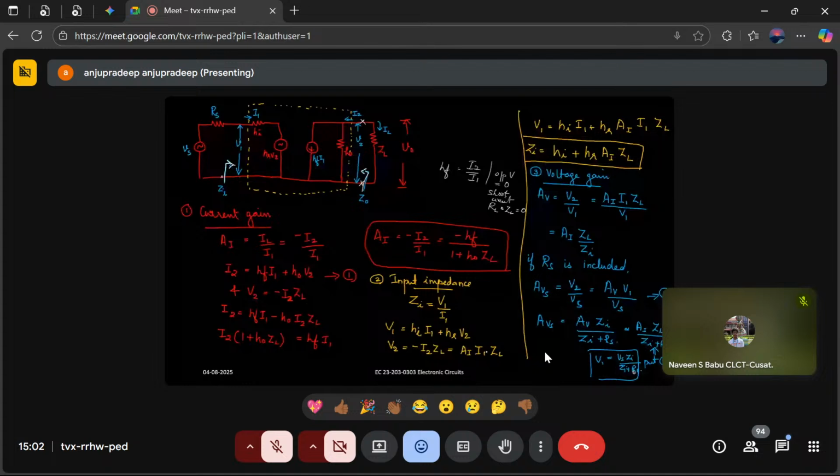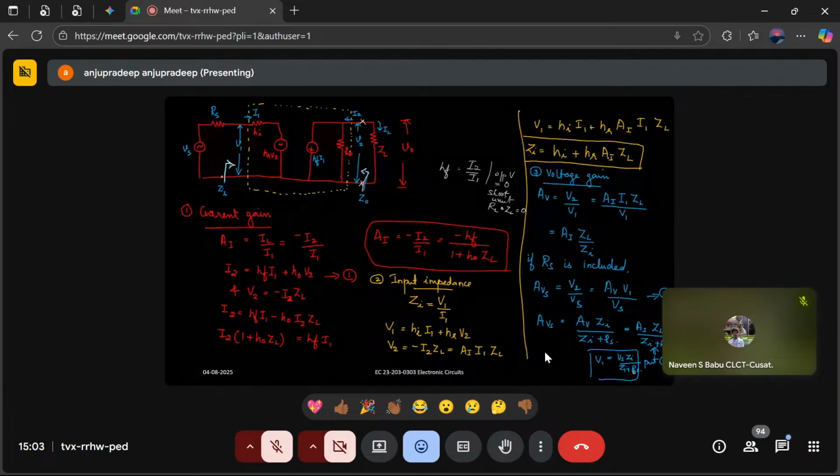So the V1 equation can be written as HI into I1 plus HR AI I1 ZL. And what is ZI? ZI we have already defined as V1 by I1. So divide throughout by I1, you will get ZI is equal to HI plus HR into AI ZL.